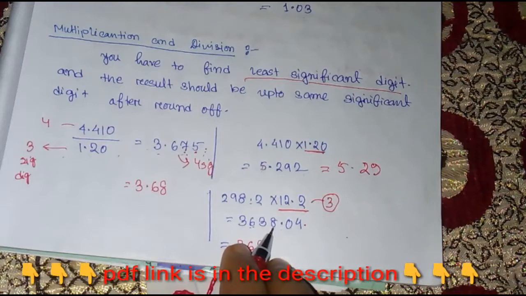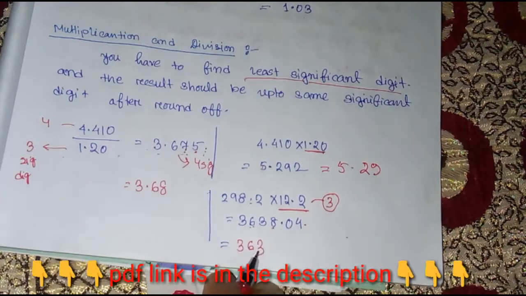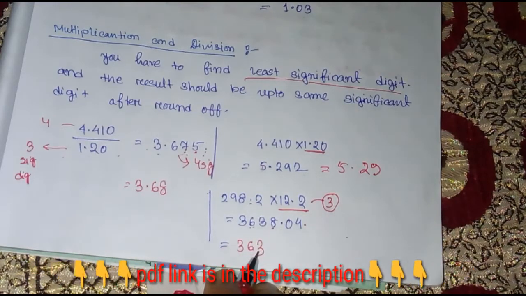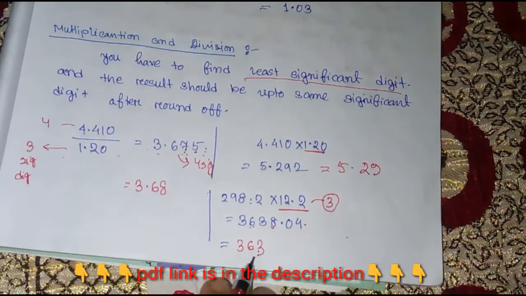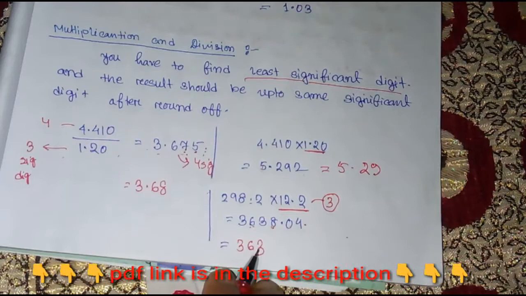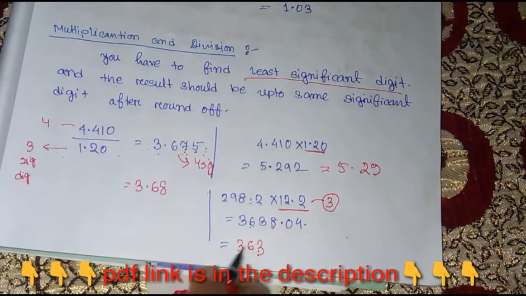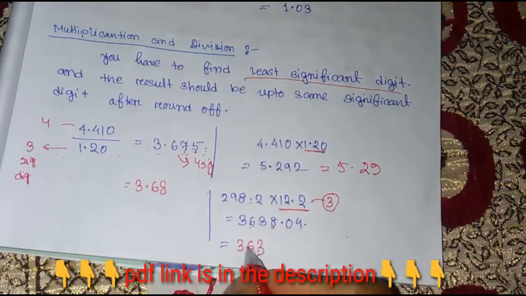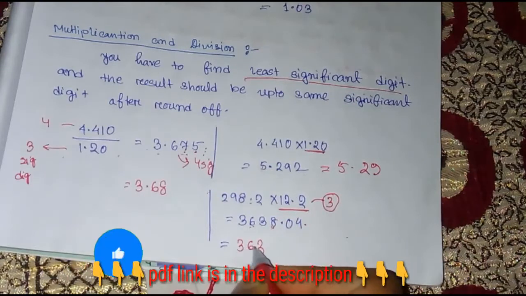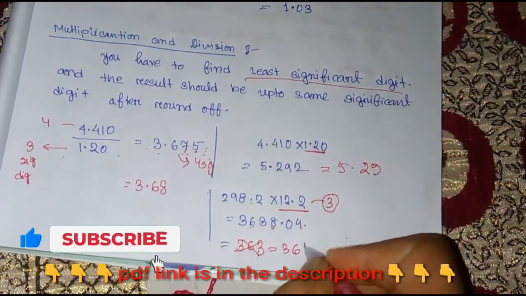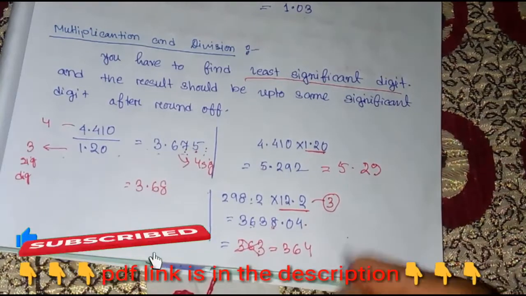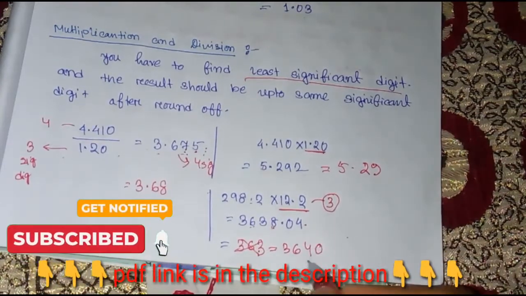Next, check the next number. If it is greater than 5, add 1 to that last digit, and if it is less than 5, it is left unchanged. So here it is 8, so we have to add 1. So 3, 6, 4, and the 8 should be 0.